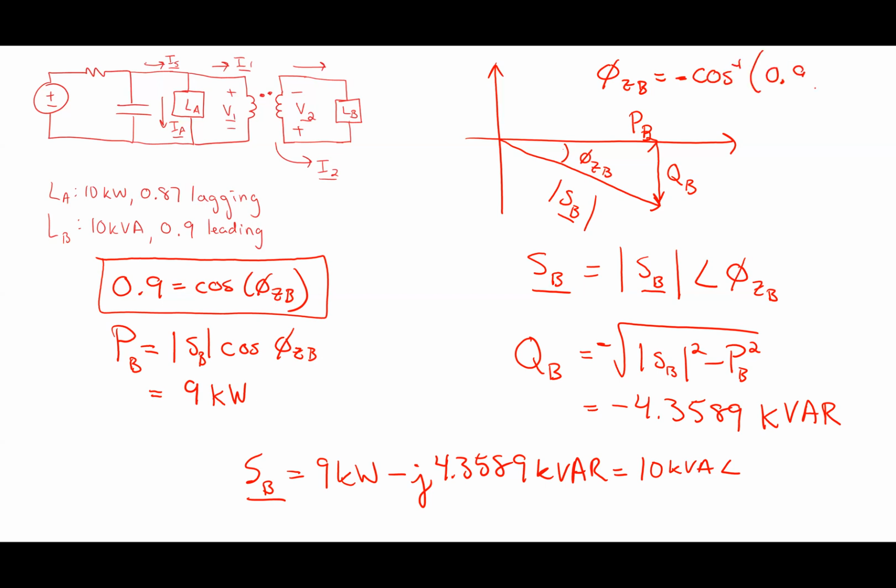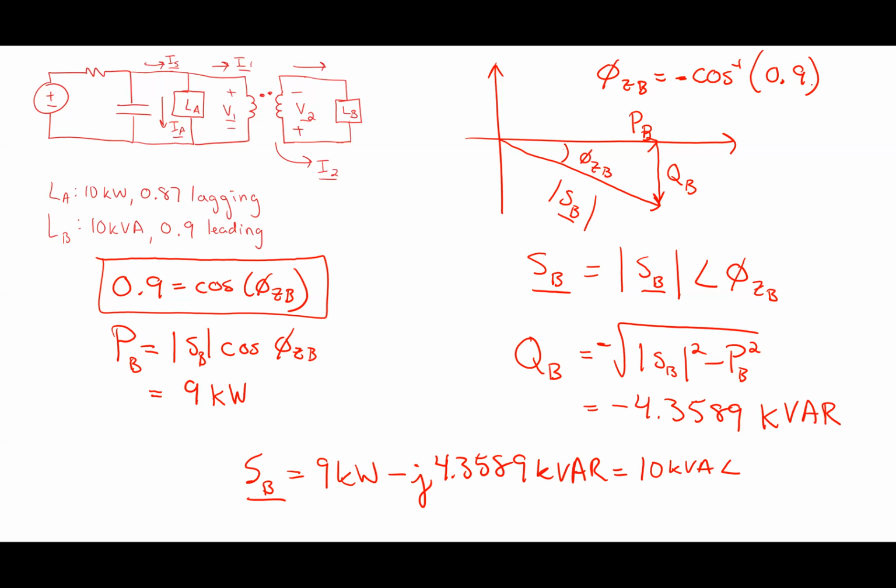In other words, that doesn't come straight out of the math, right? Now, I could also have said it was the tangent of this divided by that. That would work. But if I look at the power factor, I know the power factor is 0.9, so I can do the inverse cosine. But I've got to be careful. I've got to add mentally that minus sign because the fact that it's leading tells me that it has to be negative.